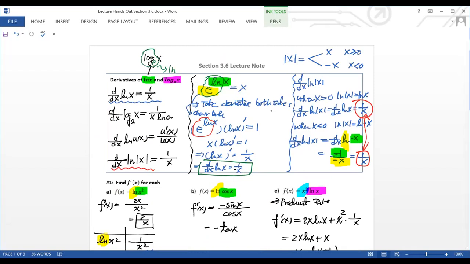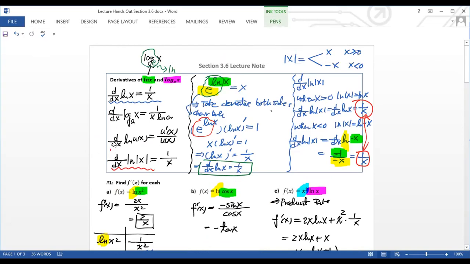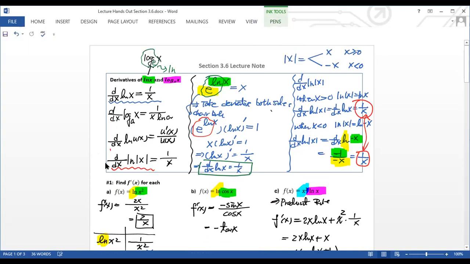You put everything on the denominator. If it's not just a single variable x, you have u of x, then don't forget to use the chain rule, right? And here, this is a pretty unique one. So for the natural log here, if you have absolute values here, right?